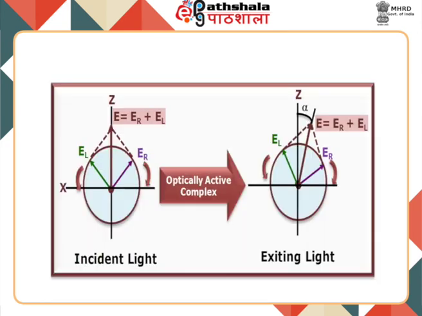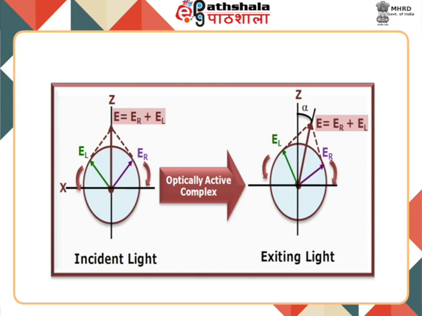Optical rotatory dispersion. The rate of change of specific rotation with wavelength is known as optical rotatory dispersion. As we already know, plane polarized light can be regarded as experimentally broken down into two circularly polarized components equal in amplitude but opposite in their senses of rotation.